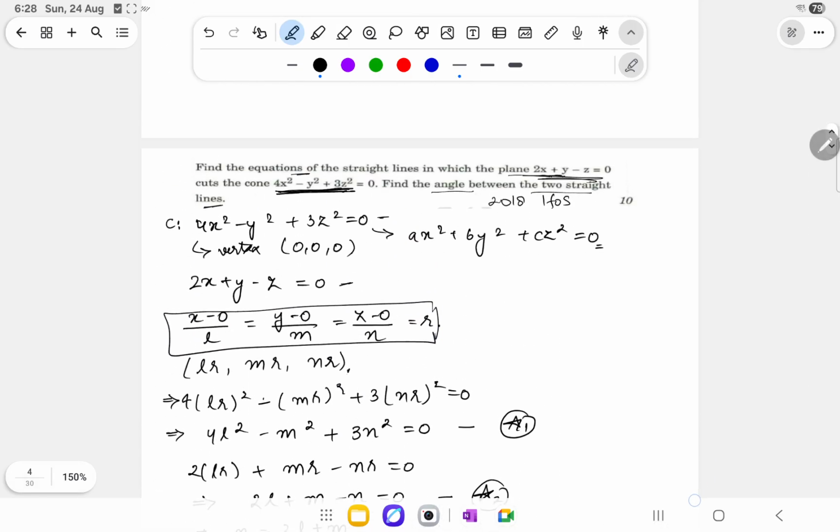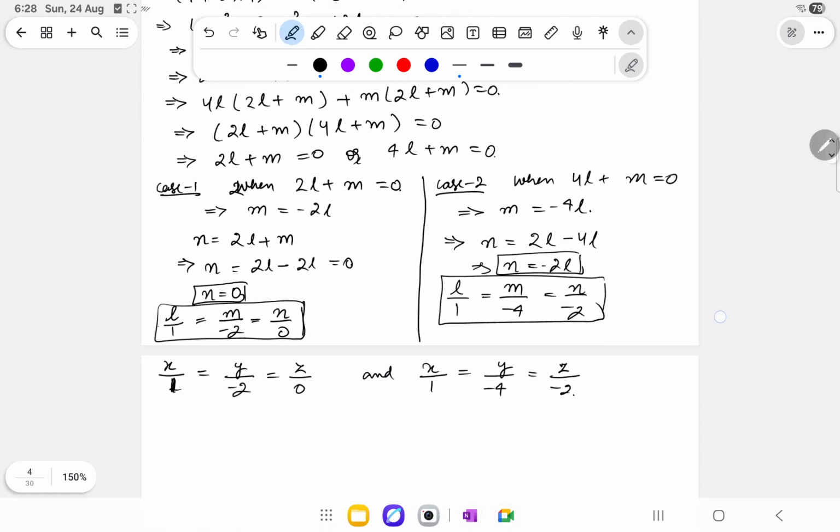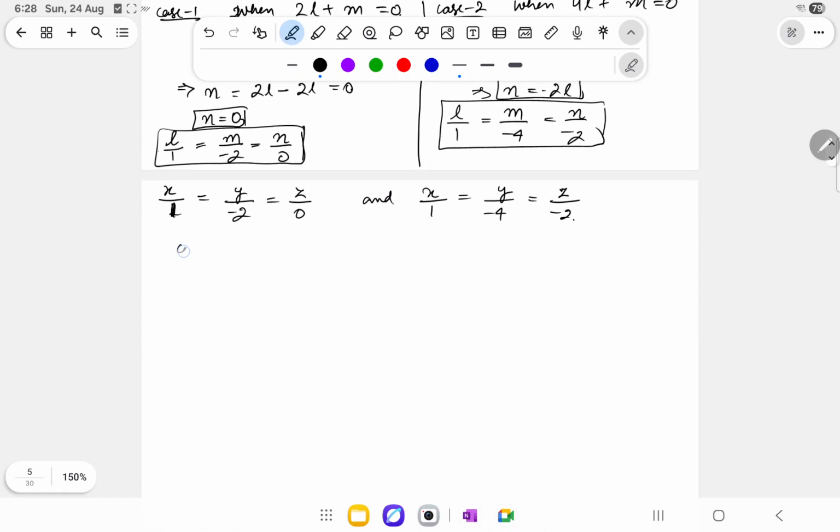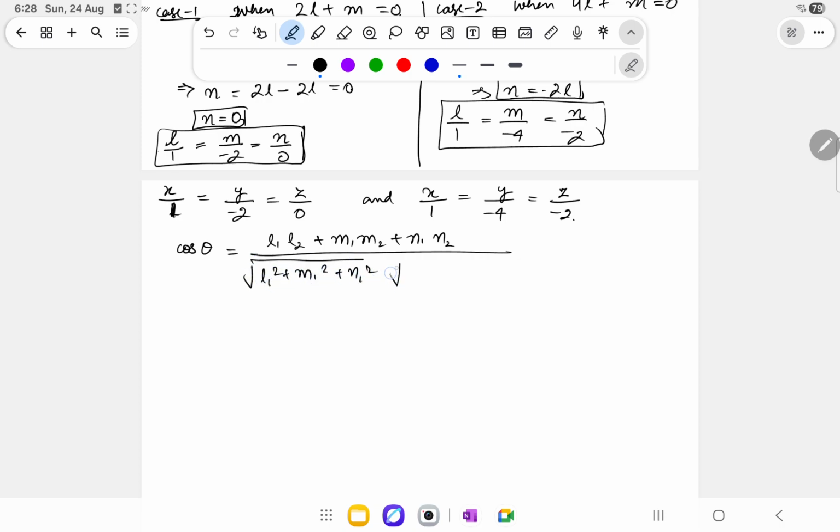Now we are supposed to find the angle between the two straight lines. The angle between two straight lines will be cos theta equals to l1 l2 plus m1 m2 plus n1 n2 divided by under root l1 square plus m1 square plus n1 square and l2 square plus m2 square plus n2 square.